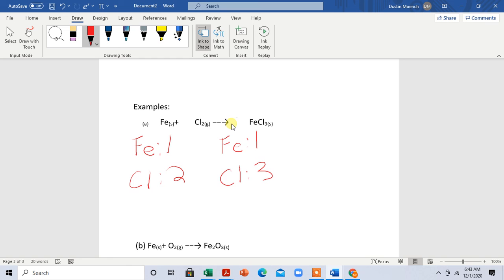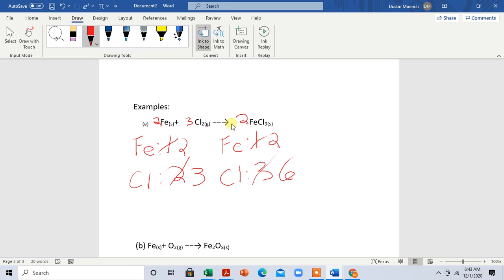What if I put 2 right there? 2 times 3 chlorines is 6, and 2 times 1 iron is 2. Can I make it so I have 2 irons over here? Yeah, I'll just put a 2 right there. And can I make it so I have 6 chlorines over here? Yeah, I'll just put a 3. So now this is balanced: 2, 3, 2.